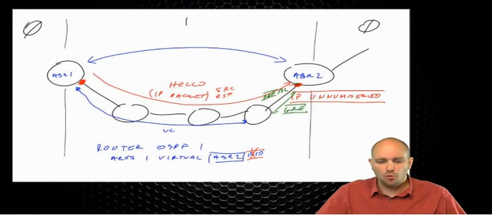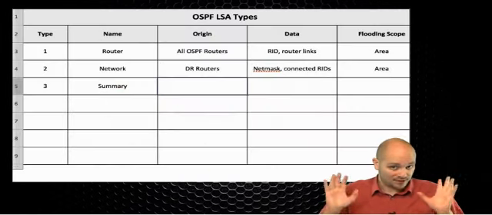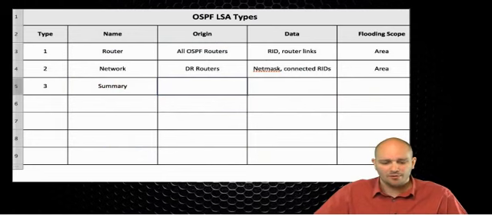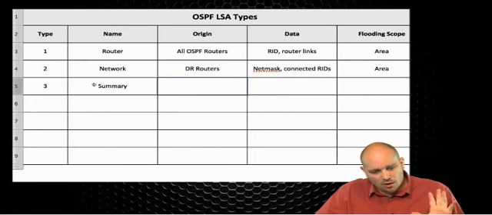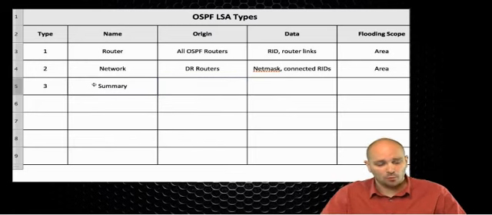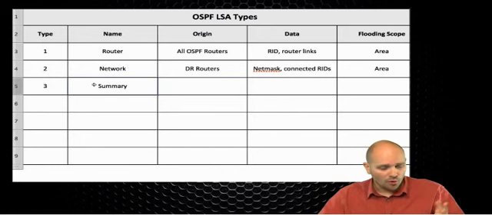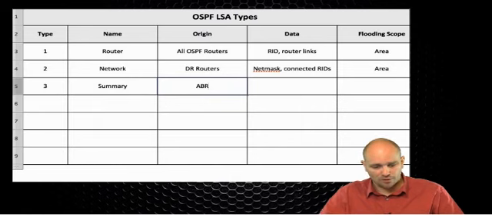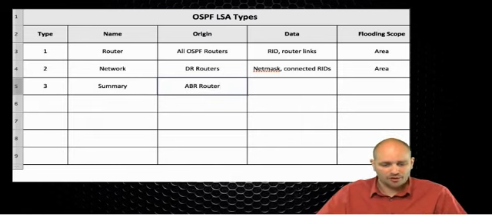At this point, you may not remember that we have actually been working on some OSPF table, but let me remind you about that. So this is the table of our LSA types. Now, I went on a tangent explaining what type 3 is, how OSPF works in an inter-area environment. So knowing all that, type 3 LSAs are going to be generated by ABR routers, or the area border routers.